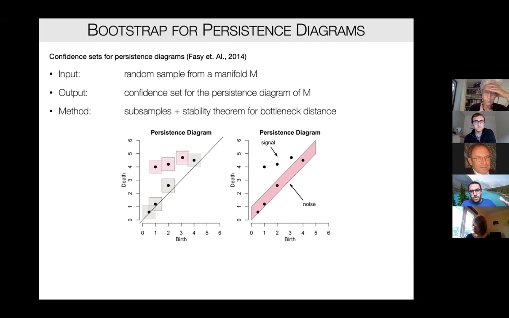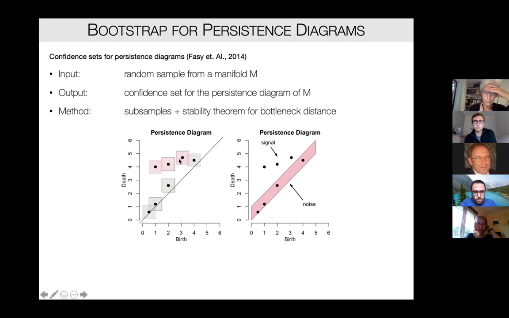So you subsample your points, generating many random samples from the original point cloud. Then they use the stability theorem to derive what they call confidence sets. Namely, you look at the persistence diagram that you have from your random points, and you can say how close the original diagram of the manifold is.